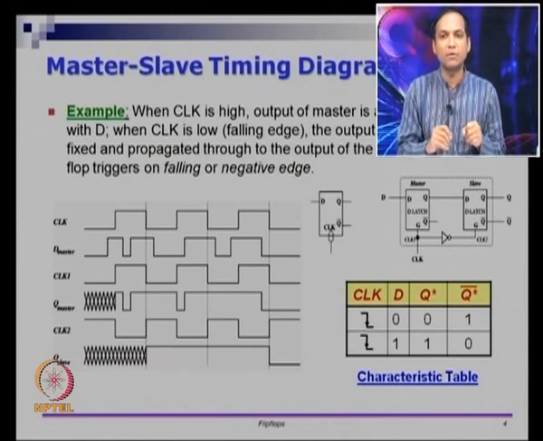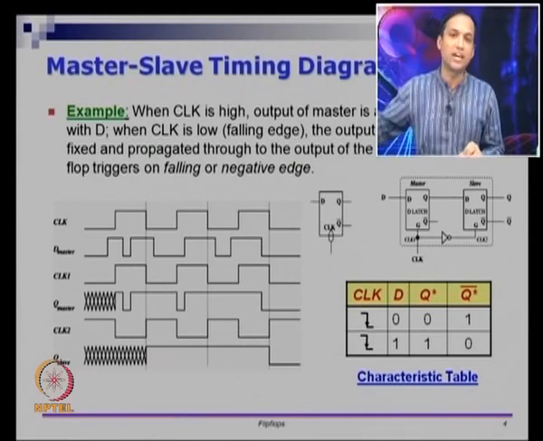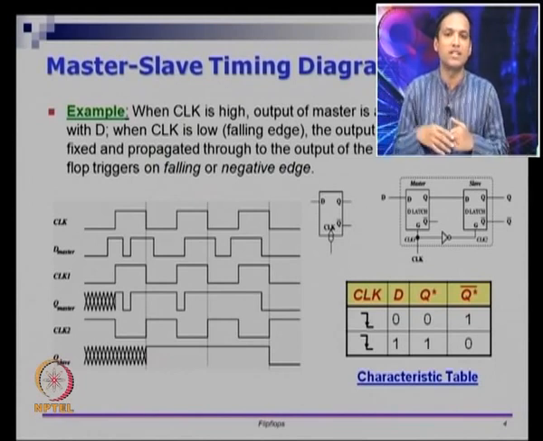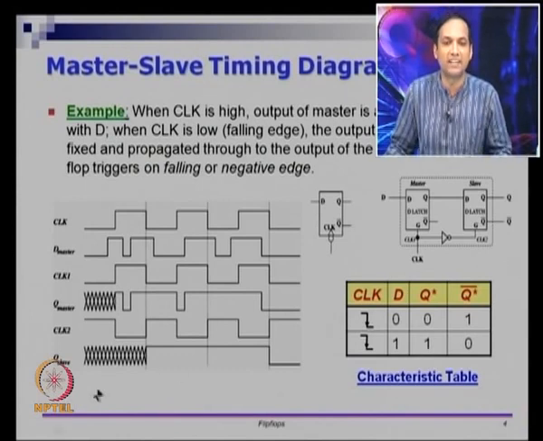Then CLK will remain at 0, come back to 1 and remain at 1, and then again go back to 0. That is the periodic nature of CLK. During all these periods, any change in D will not reflect as a change in Q of the circuit. This is my claim. So, let us validate that.